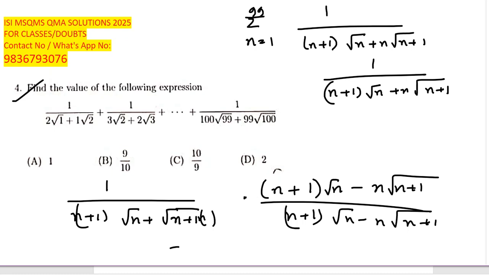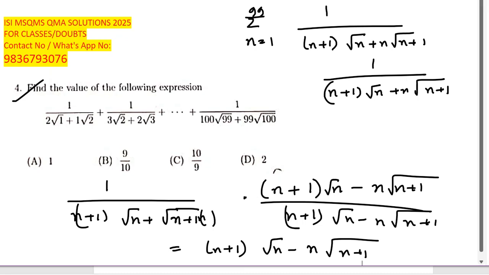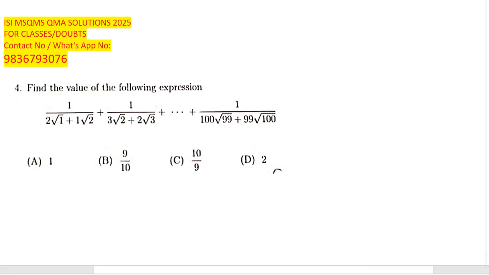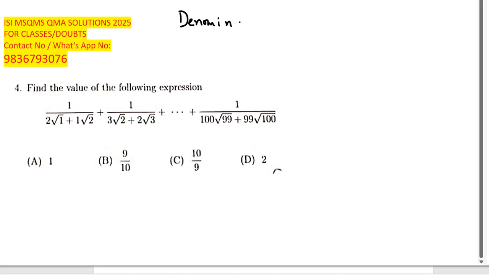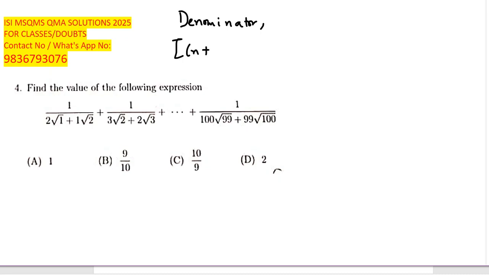And then what will be my numerator? (n plus 1) root n minus n root (n plus 1). And then my denominator becomes (n plus 1) root n whole square minus n root (n plus 1) whole square.